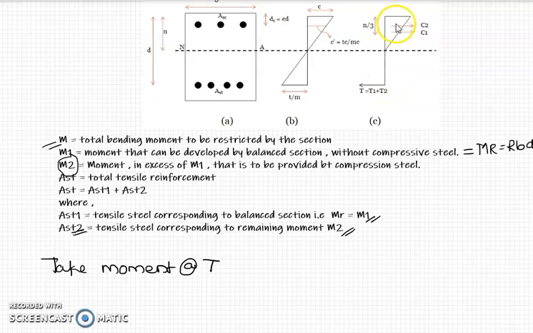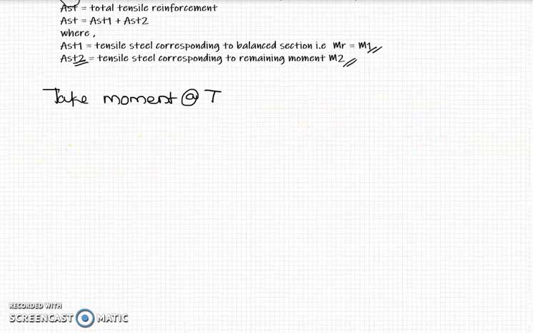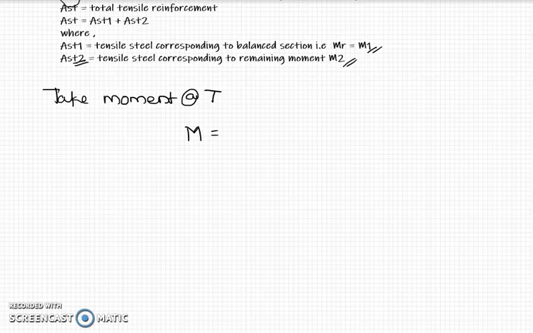So what will it be? It will be force C1 into its lever arm plus C2 into its lever arm. In the earlier case it was only C into lever arm, but now we have two compressive forces, C1 and C2. So by taking moment at T, we can write M equal to C1 into lever arm plus C2 into lever arm.